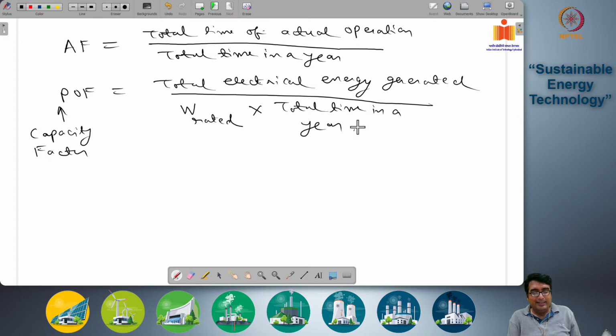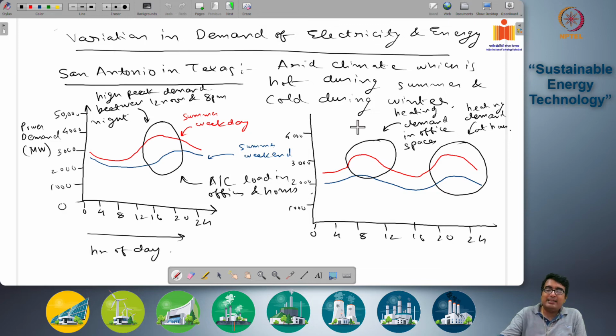Now let us understand these concepts and let us look back into these types of electrical demand. Now a grid basically collects electrical energy that is being generated by multiple power plants. Alright.